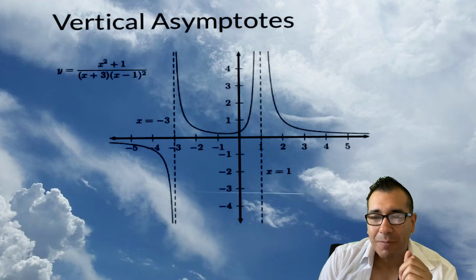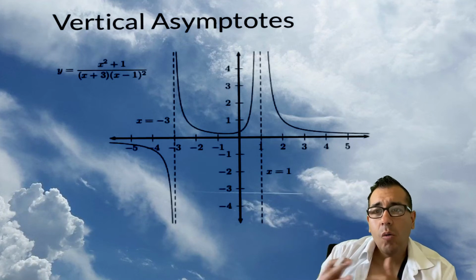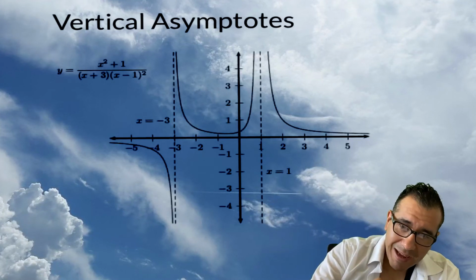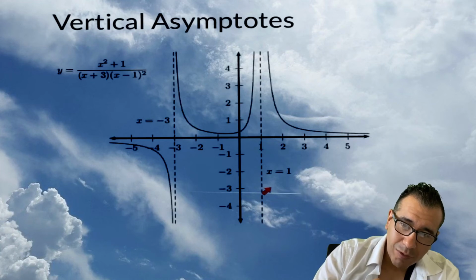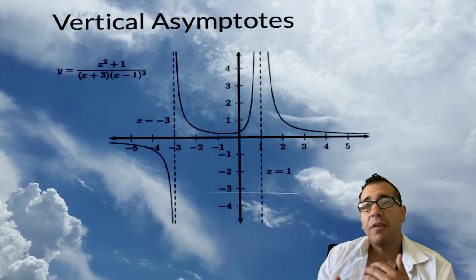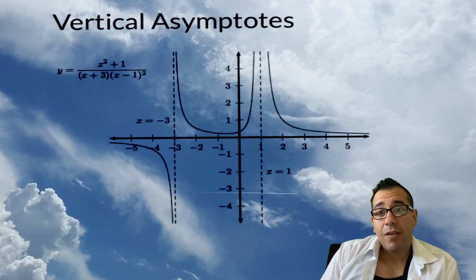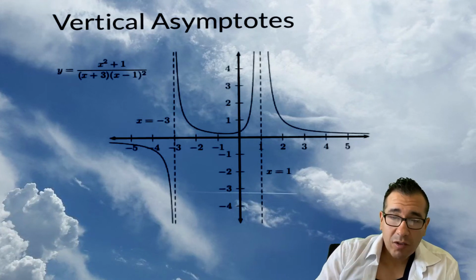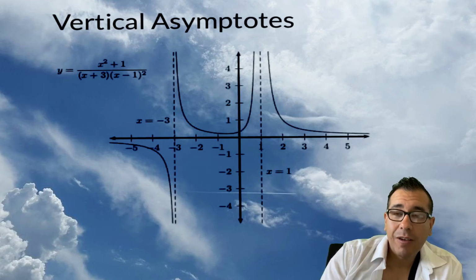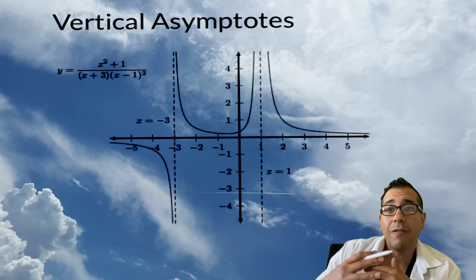So how do I know when a graph has these vertical asymptotes? There are two types of functions that we're going to see that have vertical asymptotes. One is a rational function. A rational has a fraction.